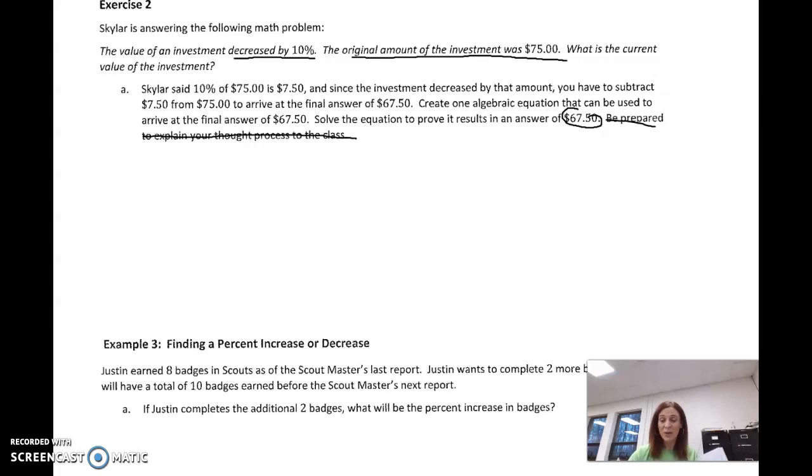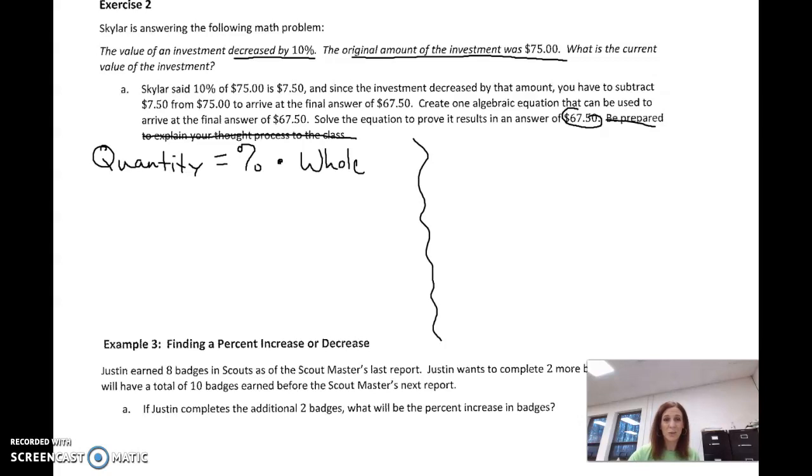But I want to show you 2 ways we can think about this, and it's going to go back to our equation: quantity equals percent times whole, okay? And we're actually going to do it twice because I want to show you 2 different ways we can think about it using the same formula. Again, we know the percent, that's why I'm going back to our original equation.